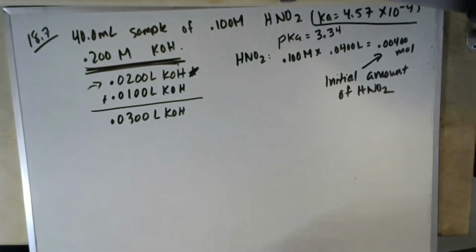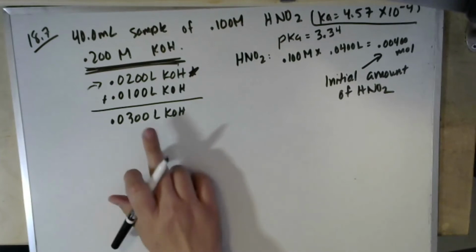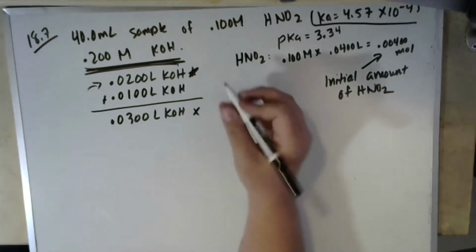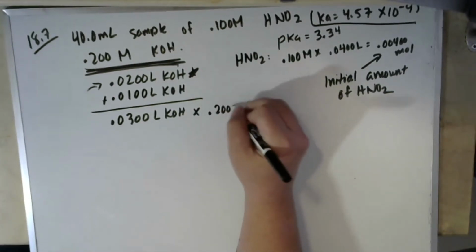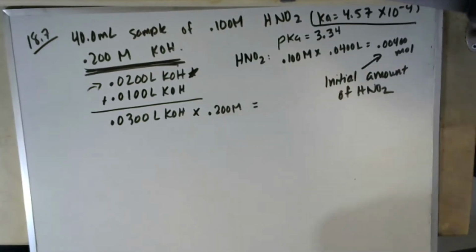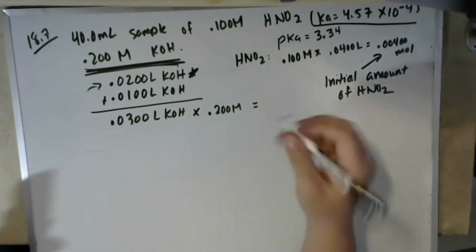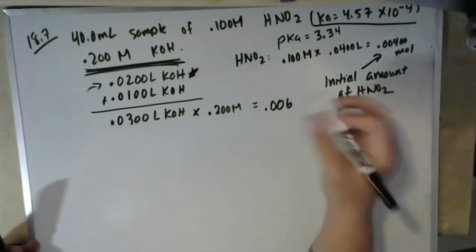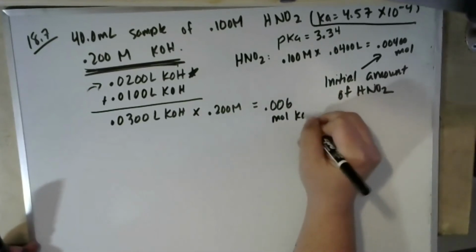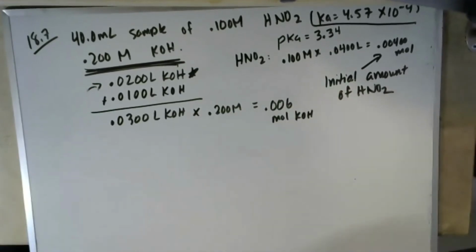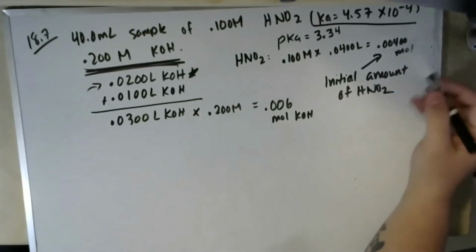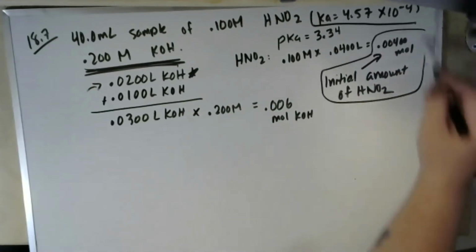We need it in terms of moles so that we can put it into the BA table. So I'm going to take this volume and multiply it by the molarity of the KOH. Okay, and we get 0.006 moles of KOH. Okay, and now we can set up our BA table. We have our initial amount of HNO2.